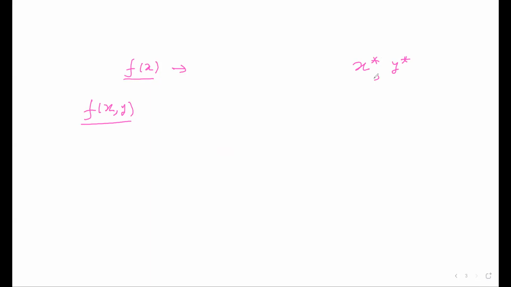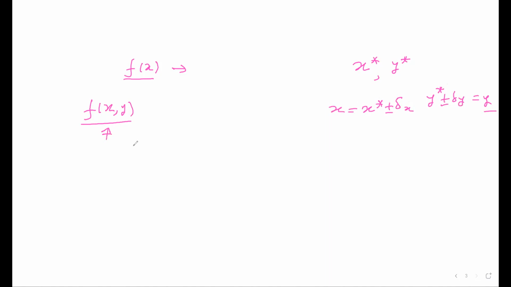Then if we perturb this value in some direction, delta x and delta y, plus or minus, then this function can be approximated by a two-dimensional Taylor series, isn't it?